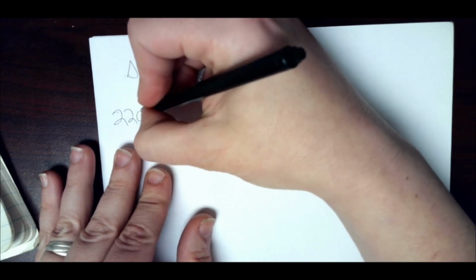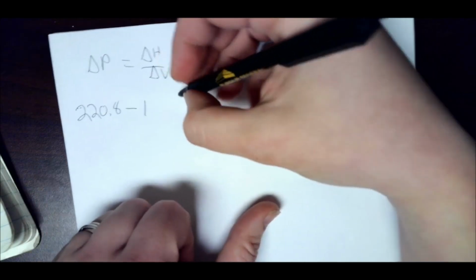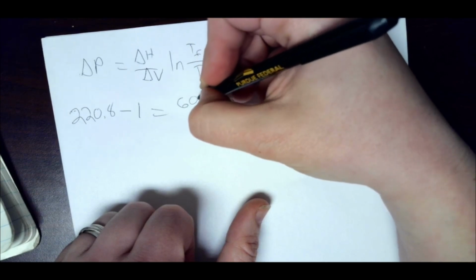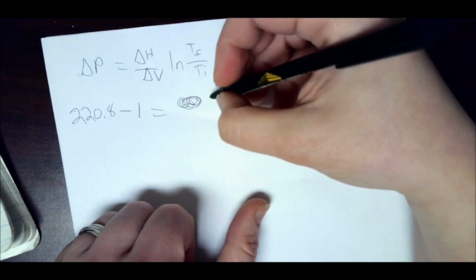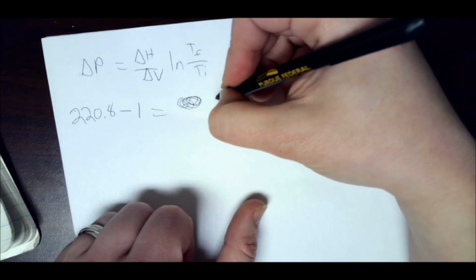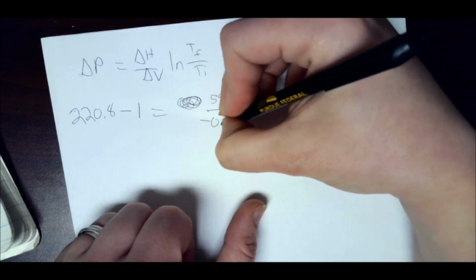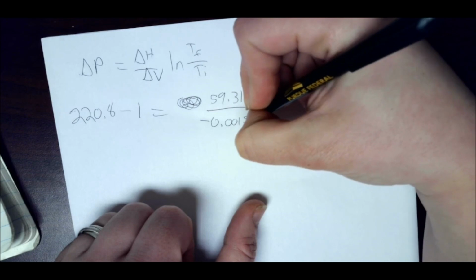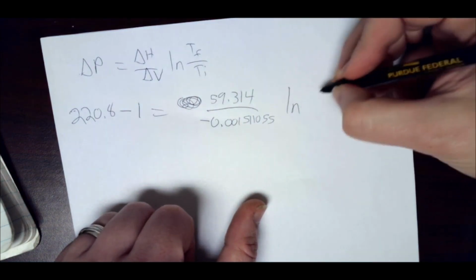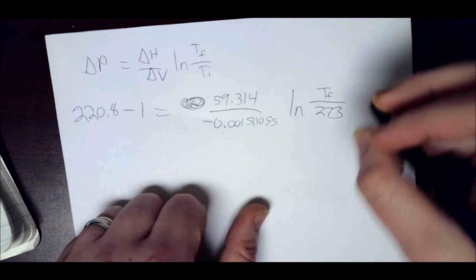We're saying 220.8 is our final, our initial is 1 atmosphere. We already established a lot of this, so that's 59.314 over negative 0.01511055, and now it's ln Tf over 273. So we're figuring out this.